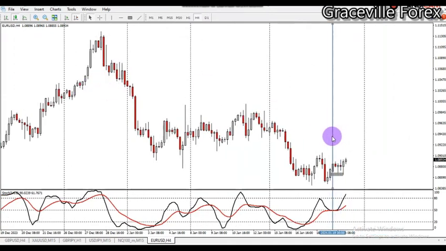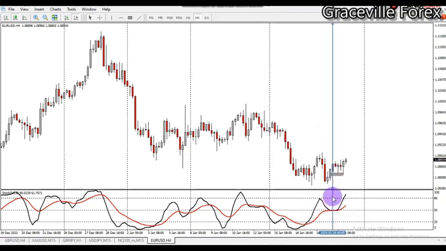Let me look at another example. We can't take anything here because there was no clear crossover to the downside, so there's no trade setup here. We have to wait for price to close to give us the trade signal, but there was no crossover here, so price was just in the range on the stochastic level.